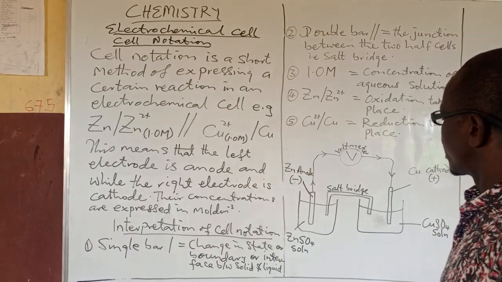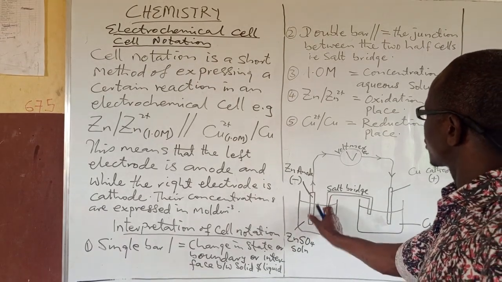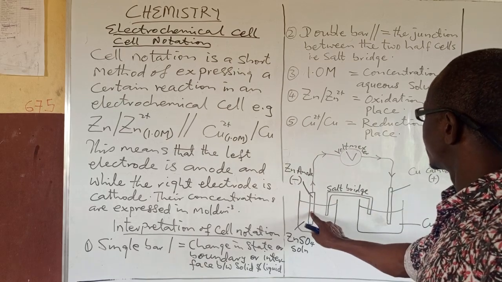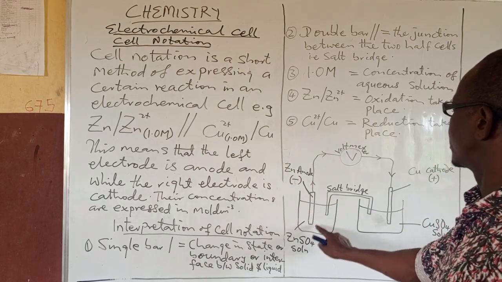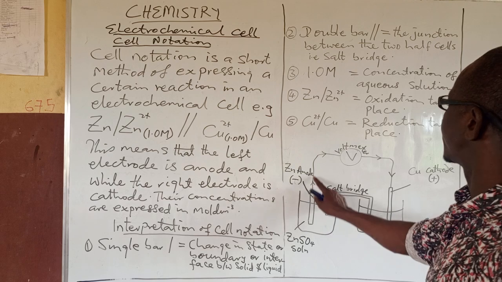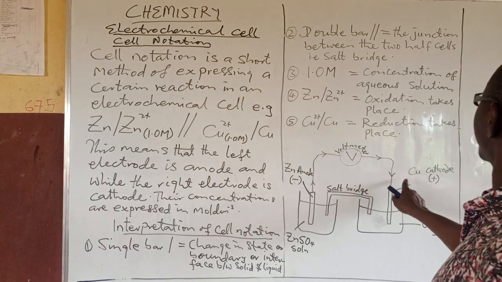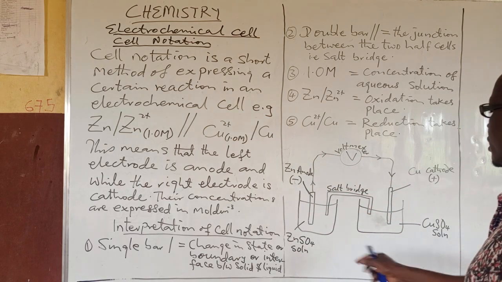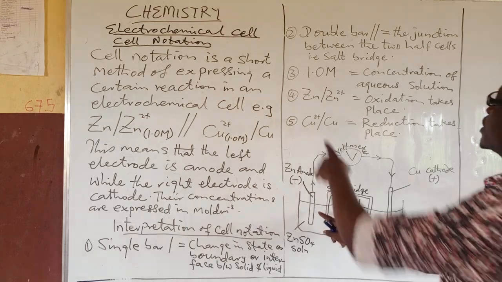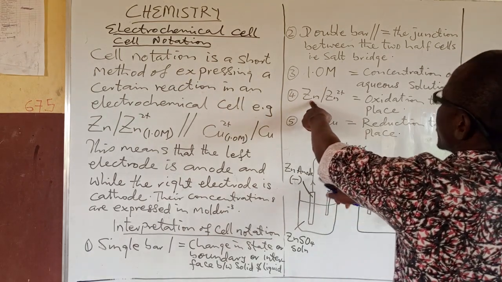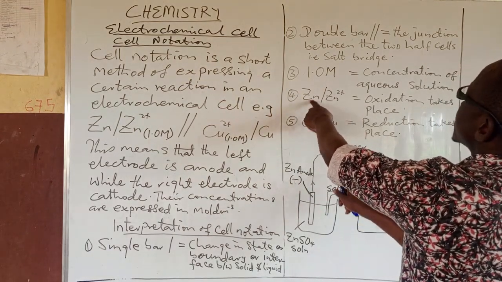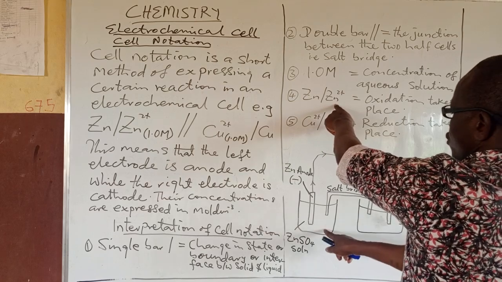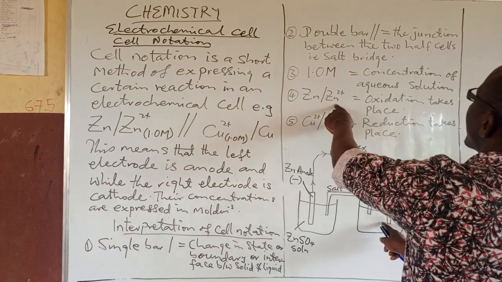Now, looking at this, when oxidation takes place, the atoms on the surface ionize and go into solution, while the electrons flow up and then return to this side. Electrons flow in.